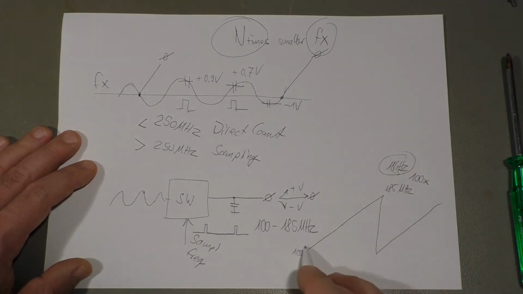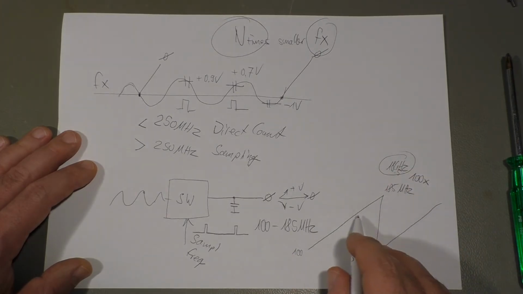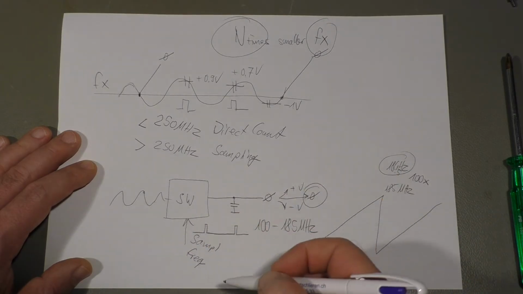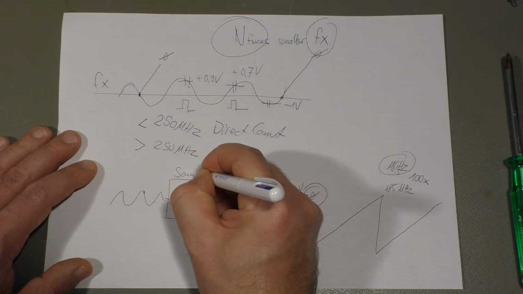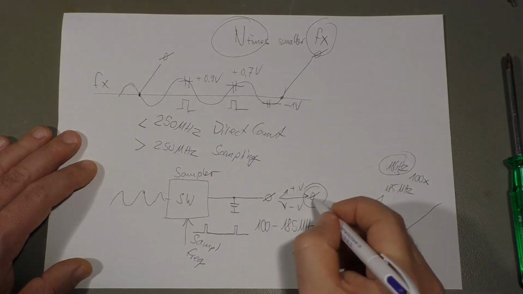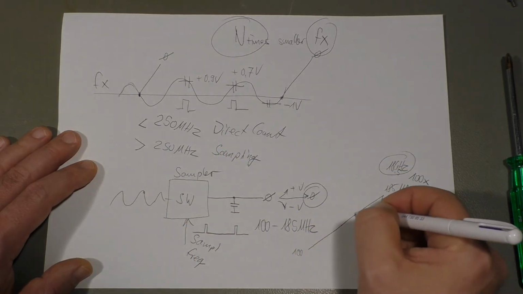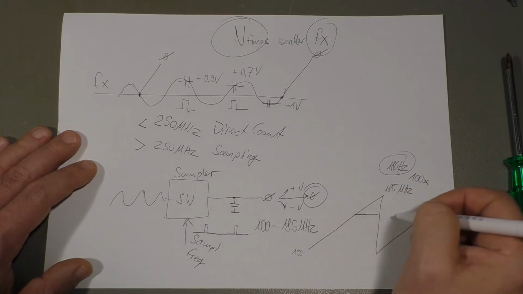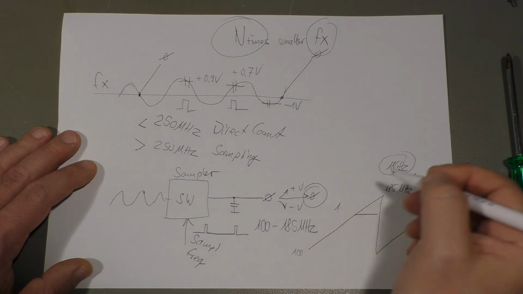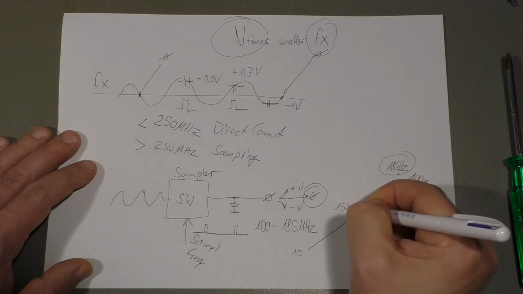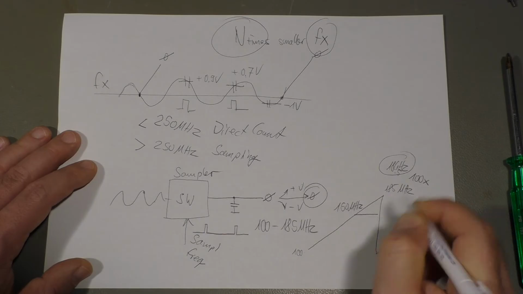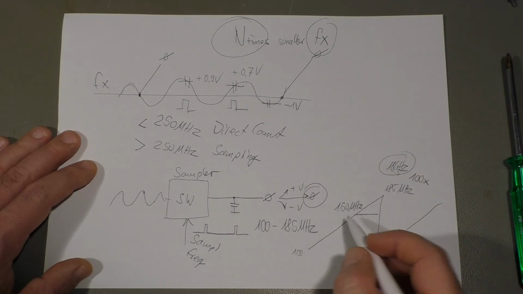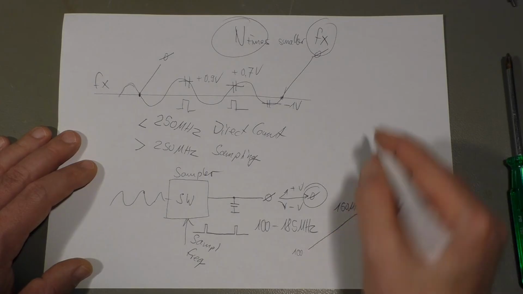So you ramp up this frequency, you get at the point when the output of this sampler here equals 0, then you stop, you keep the frequency, and you know it's probably 150 megahertz. What you don't know is what your input frequency is, because it could be 150 megahertz.